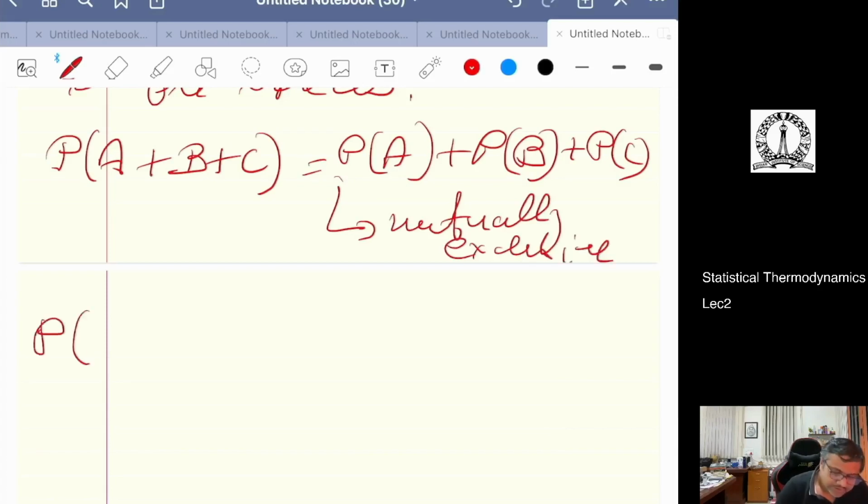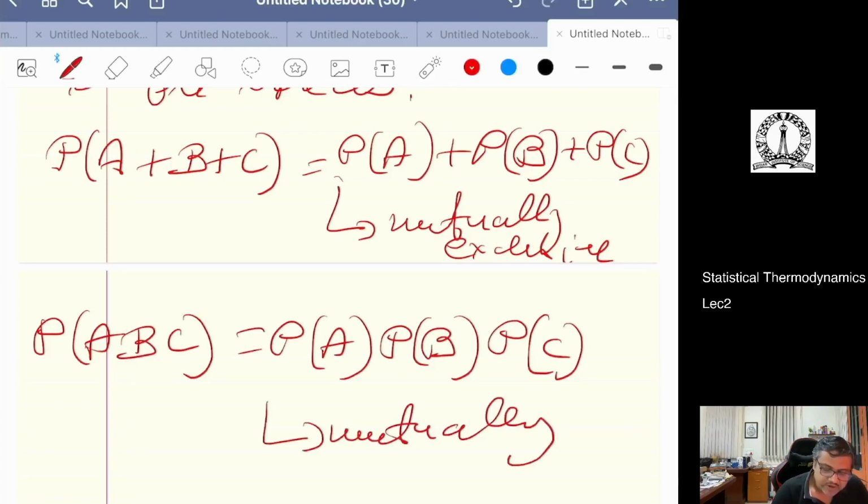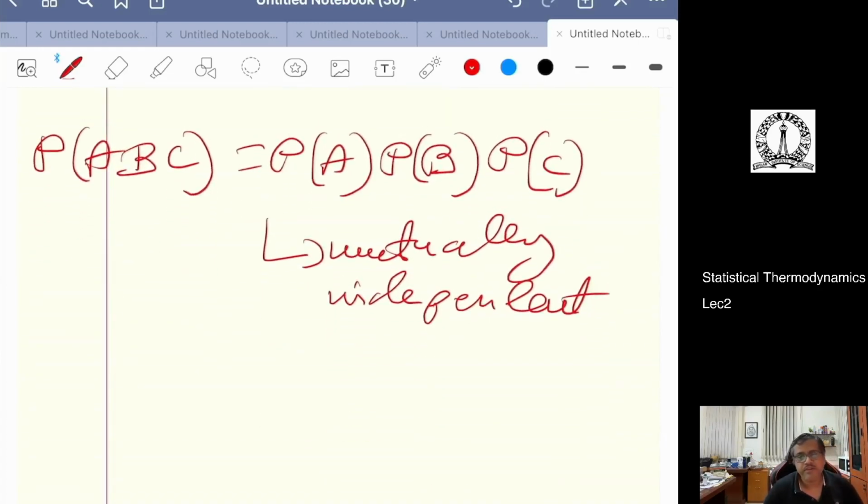And when we say P of A, B, C, these are PA, PB, and PC. These are mutually independent events.